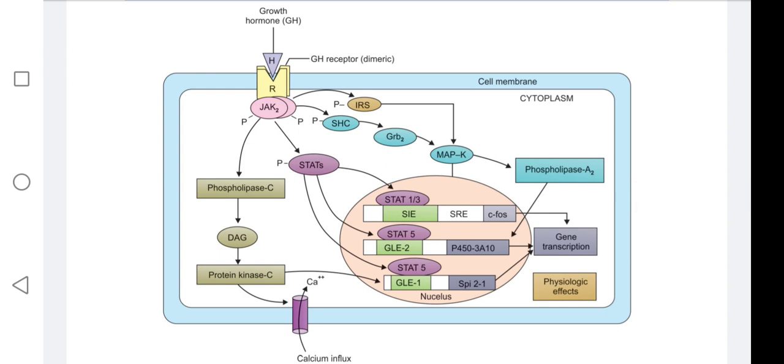Thus the dimerization of receptor has occurred.